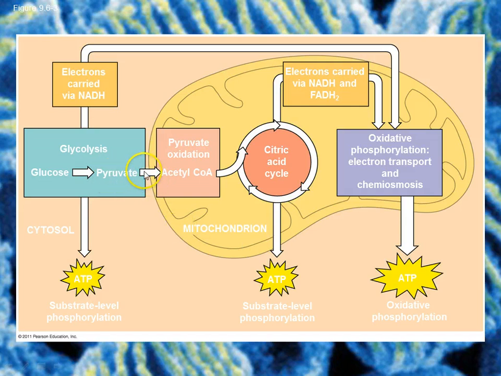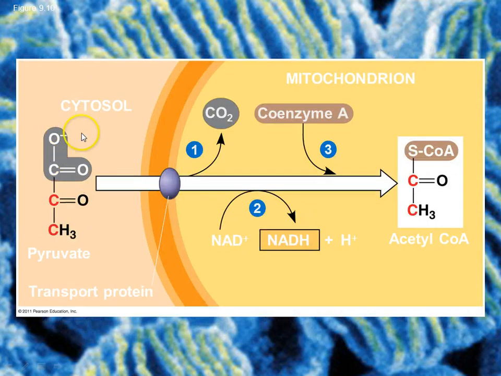Once that pyruvate transfers across that membrane, we are able to take a CO2 molecule off of pyruvate. Keep in mind there are 2 pyruvate molecules for every glucose that started out, so we really remove 2 CO2s from the process. Now we have 2 2-carbon molecules going across this membrane.